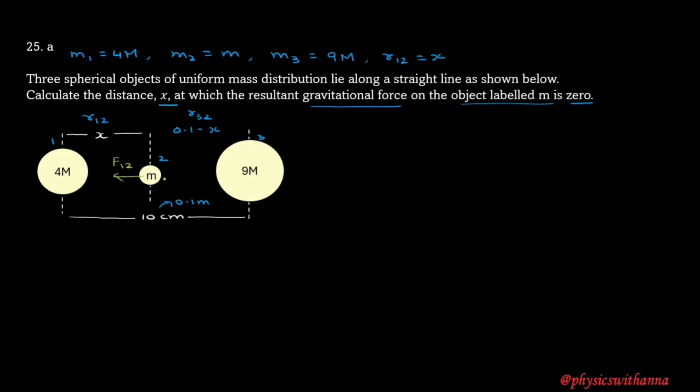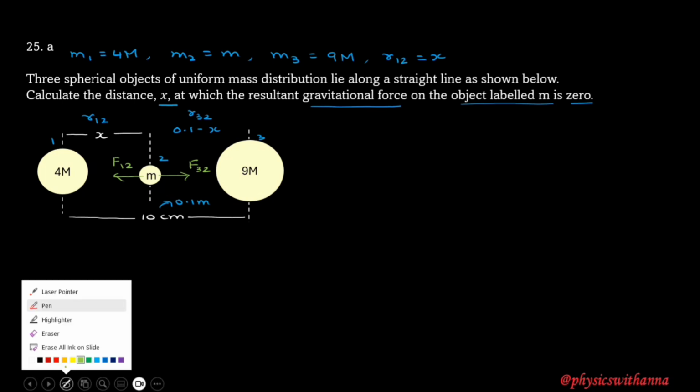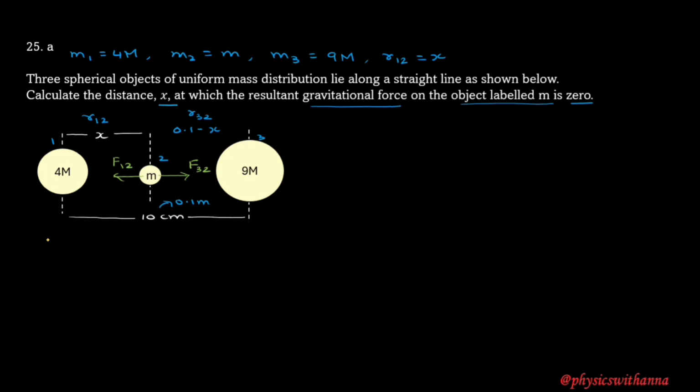Then the gravitational force of attraction because of object 3, which will try to pull mass m towards right. We call this F32. And if the net force on object 2 has to be 0, that means these two forces must be equal in magnitude and opposite in direction. So we can write for their magnitude F12 equals F32.